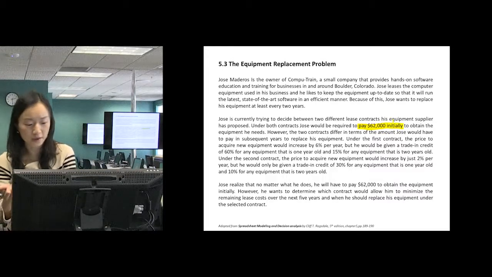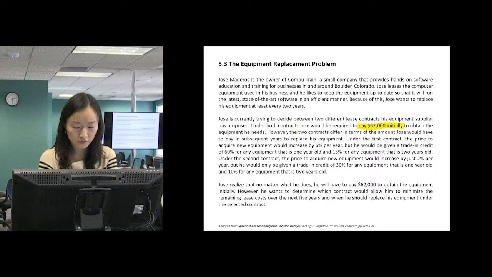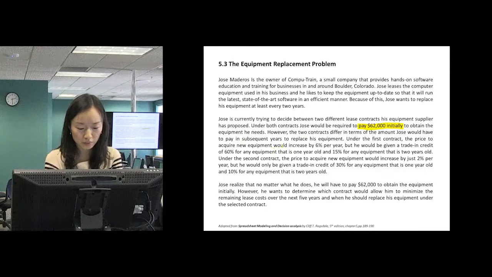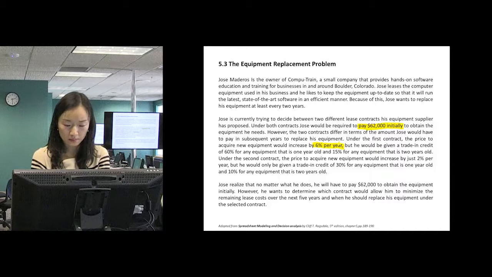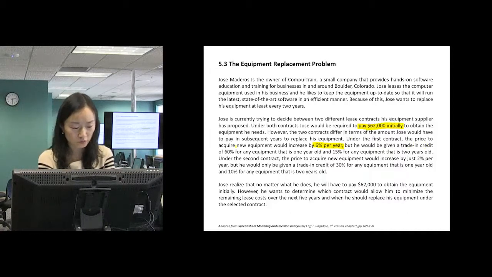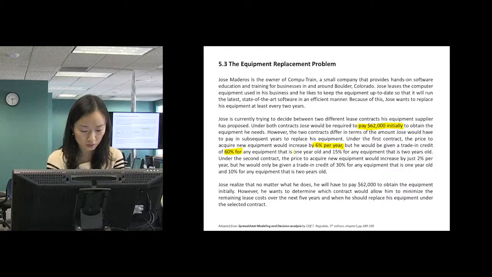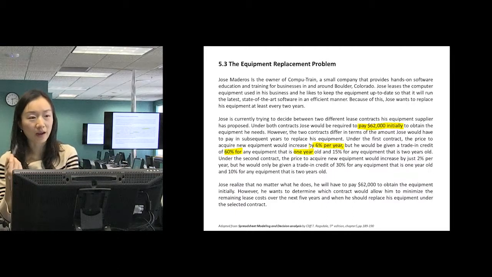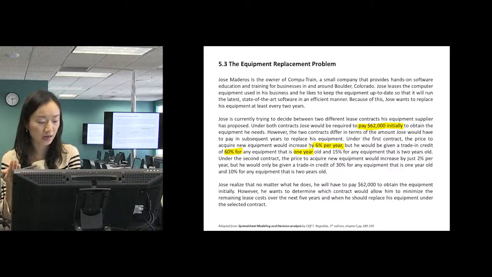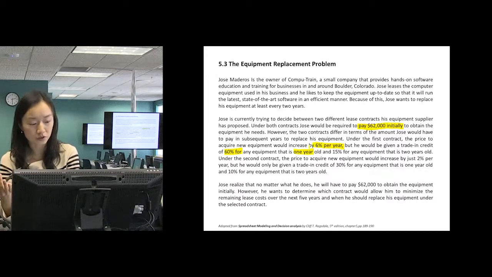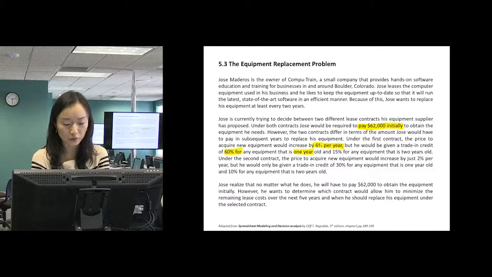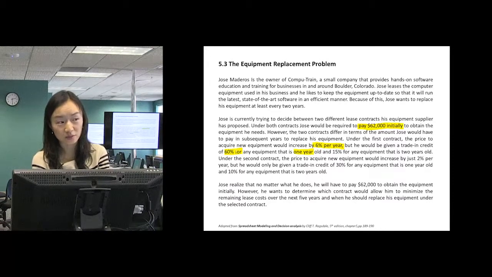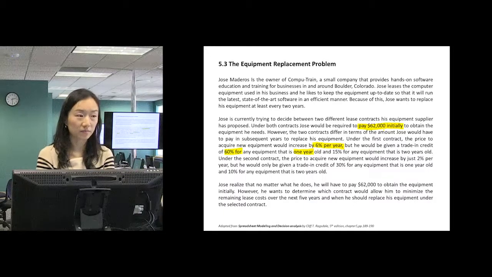Both contracts require him to pay an initial cost to buy the new equipment. Let's look at the first contract. The price to acquire new equipment will increase by 6% per year, but he is given a trade-in credit of 60% for any equipment that is 1 year old. So he buys new equipment, and if he trades it in after 1 year, the price will increase by 6%, but he also gets 60% of what he paid initially.